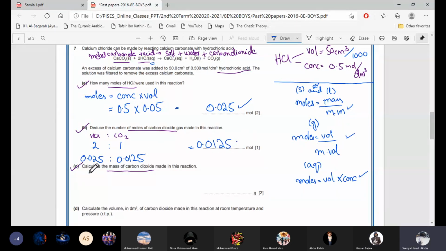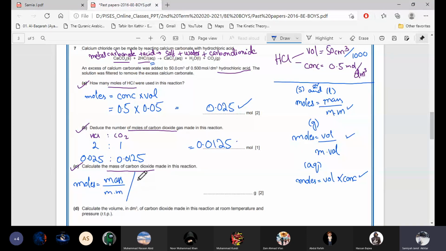Part C. Calculate the mass of carbon dioxide made in this reaction. Mass into RFM. Ma'am, moles times molar volume. Yes, so the formula is moles is equal to mass divided by molar mass. Okay, substitute the value.